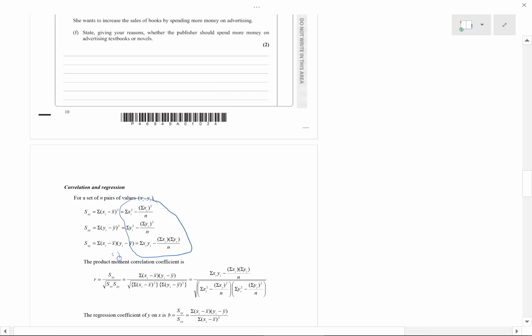The first one involves some difficulty with rounding because you have to work out the mean. For the first one, it's the one where the symbol is different, X and Y. It's the sum of the products, take away the sum of each individual one multiplied together, divided by n.